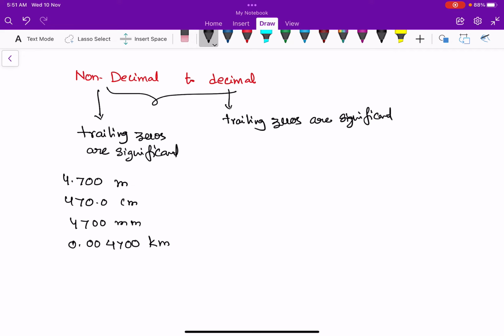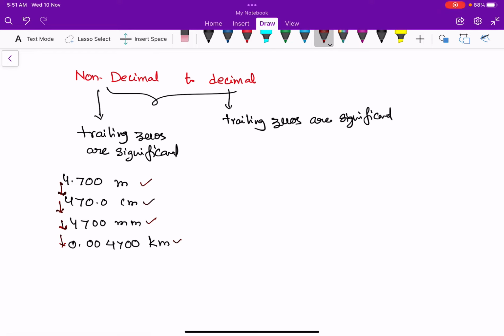If you observe all these, the choice of units is changed, but the value is not changed. This is equivalent to this one, and this is equivalent to this one.